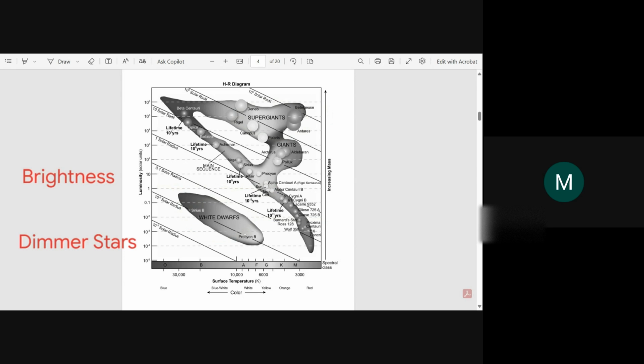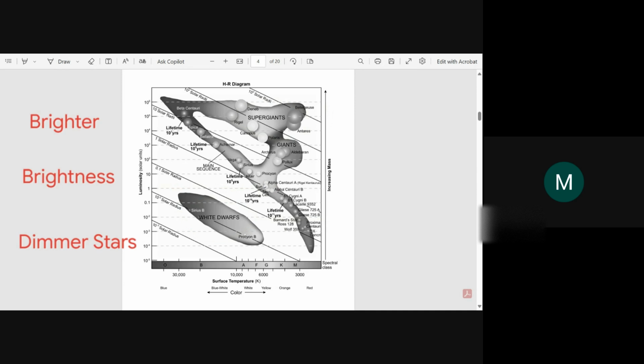Whereas above 1, the stars are brighter. And there's a relationship: the smaller the stars, the dimmer the stars, whereas the larger the stars, the brighter the stars.